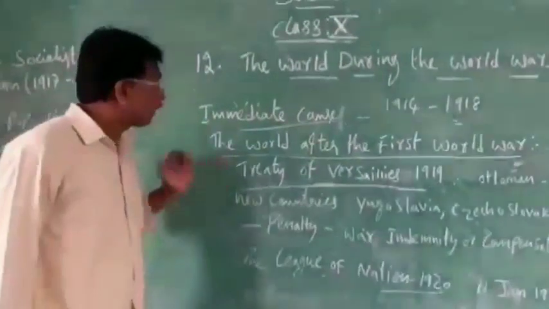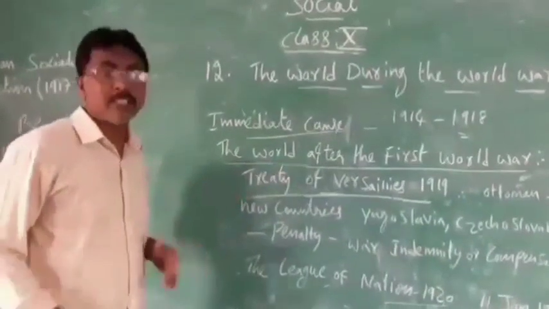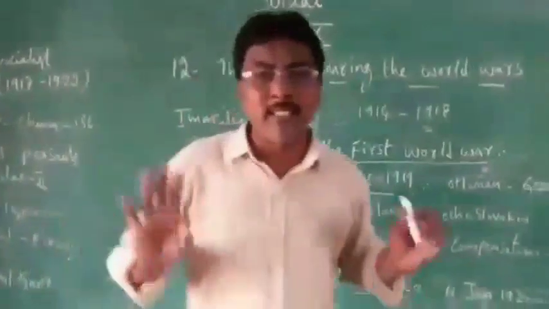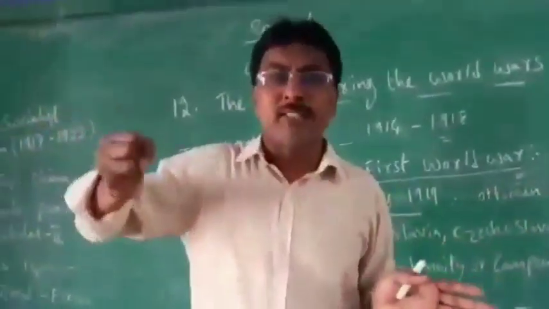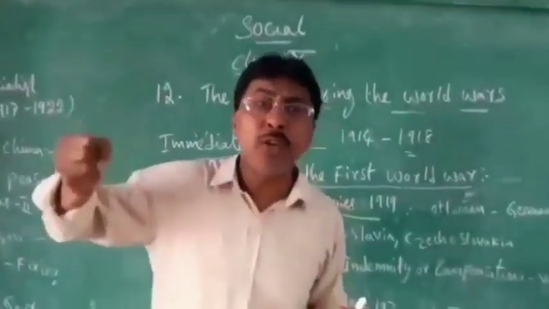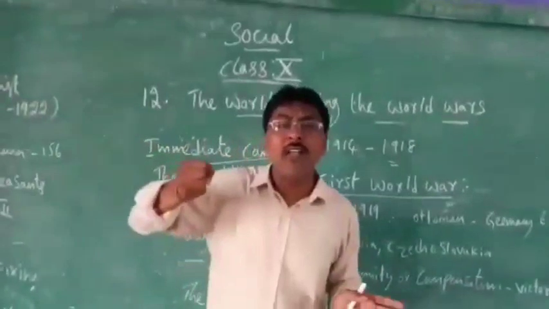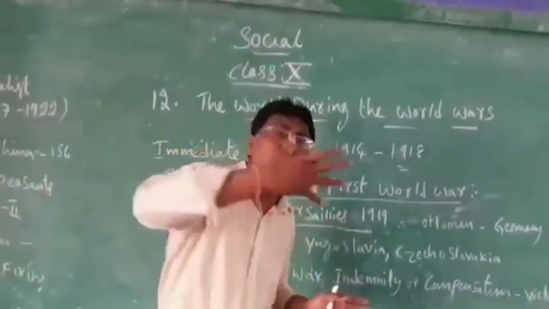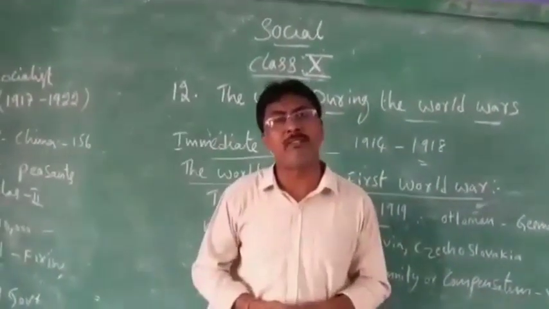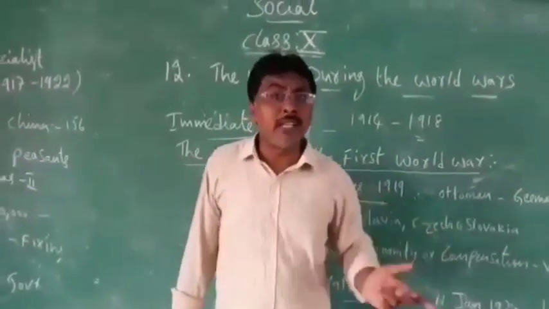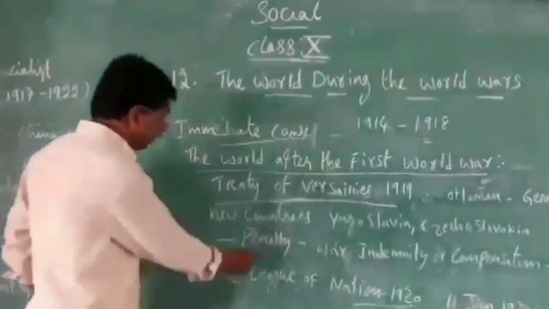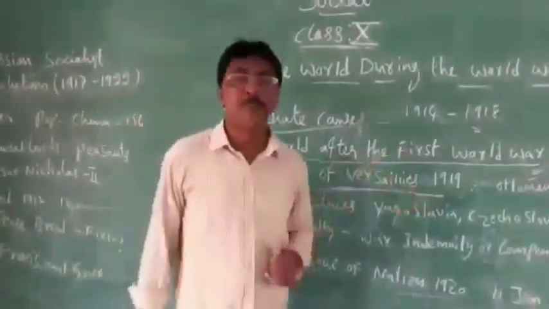And after that, what happened? The Treaty of Versailles was established. The Treaty of Versailles is nothing but some European nations becoming one. And they gave punishment to the defeated people. Who are they? They gave the punishment, penalty and war indemnity to Germany.